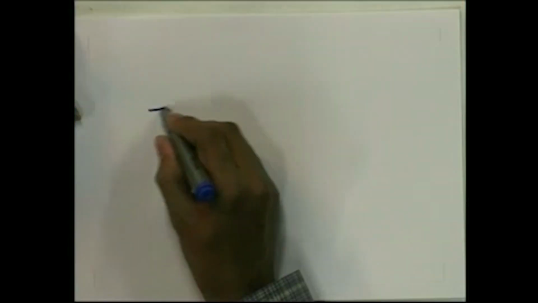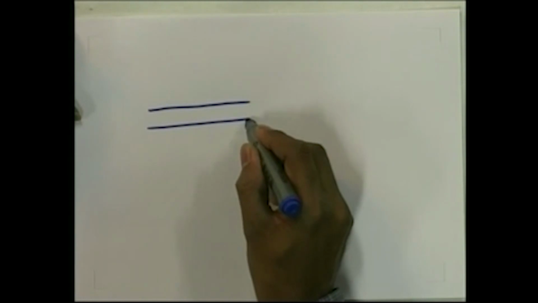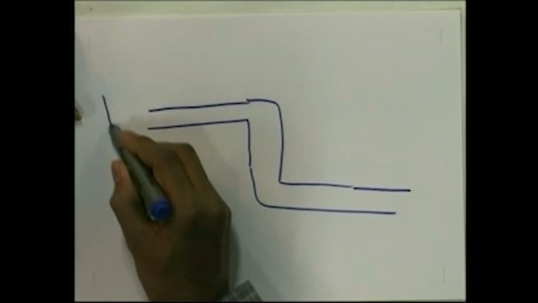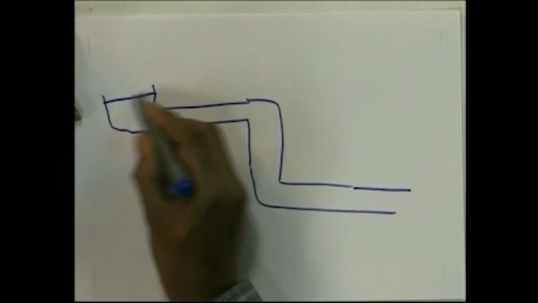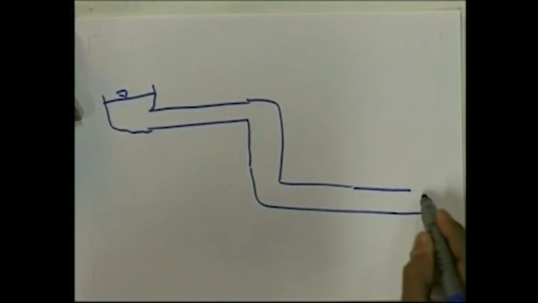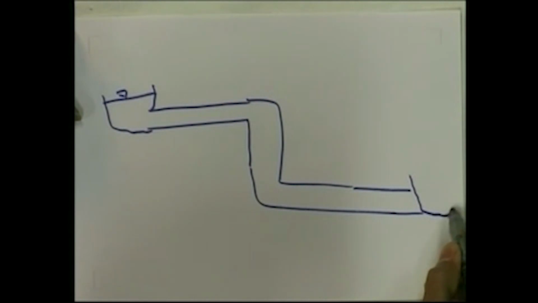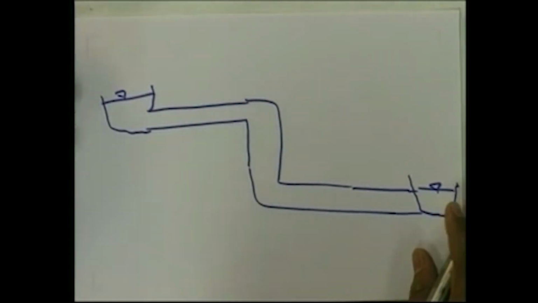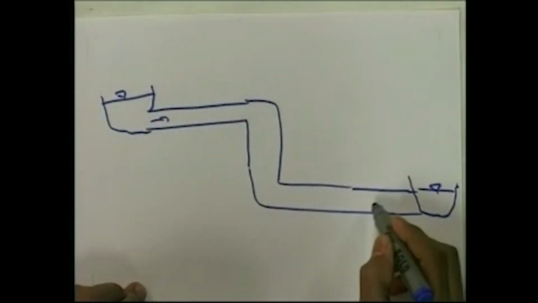So, we can see that when the flow is taking place from one location to another, for example, if we consider a pipe flow like this, from one reservoir to another reservoir, or one tank to another tank, the flow is taking this direction.